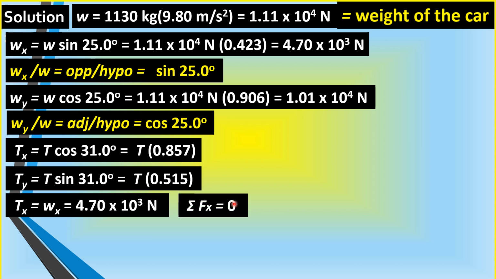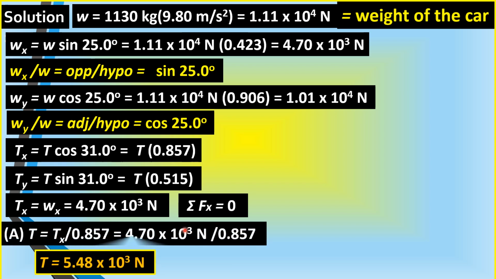It's worth mentioning here that Tx is equal to Wx. This is based on the fact that the summation of Fx is equal to 0, since the car is in static equilibrium. So only the two forces, Tx and Wx, are acting on the car along that imaginary x-axis, and they must be equal and opposite.